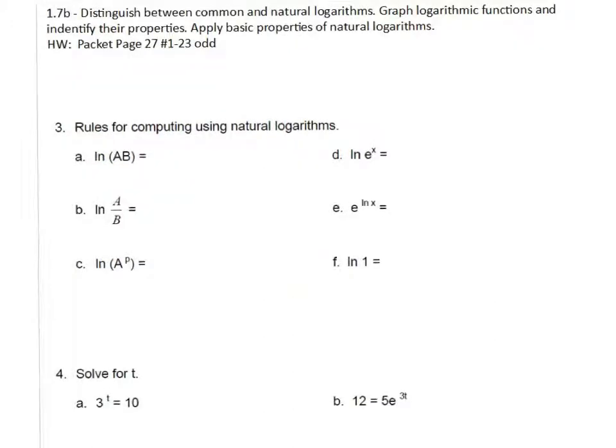Okay, so all the properties we did yesterday apply for ln, or log base 10. So when you have a product of the argument, we can separate that with addition. When you have the division of the argument, we can separate it with subtraction. This power becomes the coefficient. The ln of e to the x, this is a special property.